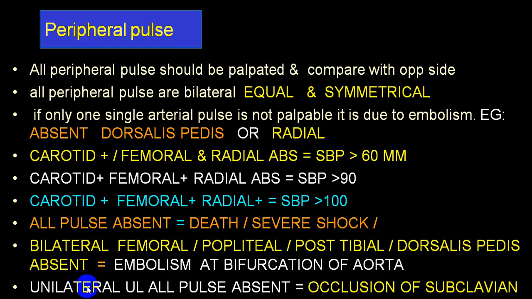If unilateral upper limb pulses are all absent, it will be secondary to occlusion of that side subclavian artery. Say if in the right upper limb all pulses are absent, right subclavian is occluded, mainly because of a big thrombus or thromboembolism, or maybe because of an atherosclerosis with thrombosis. That will be very important.